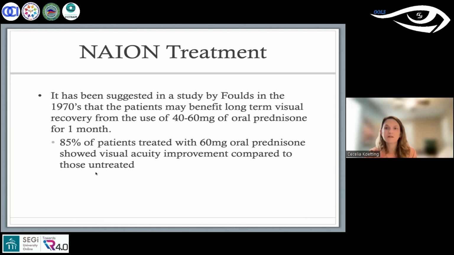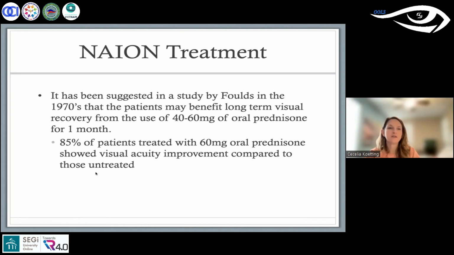NAION treatment, right? So in school, I was taught that there really wasn't a treatment. Starting to work with my specialist, my oculoplastics doctor, he taught me, nope, there can be. And he said, there's this one study about this one person, this one time. So I went and looked at it, and it said that in a study done in the 1970s, patients may benefit from 40 to 60 milligrams of oral prednisone over a 1-month taper in their long-term visual recovery.